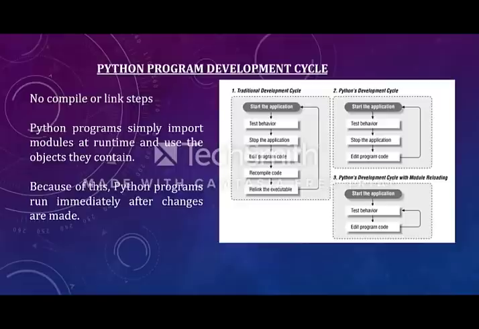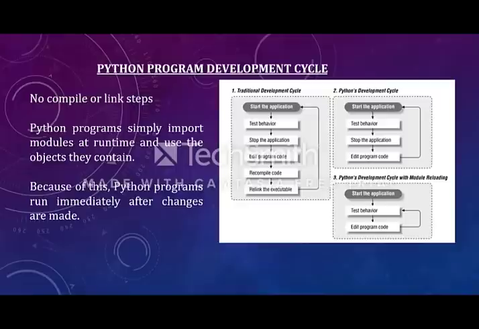The modifications will be directly reflected in the output. Python programs simply import modules at runtime and use the objects as they contain. So that's what I have said. If you want to make use of any other library files in your program, we can simply do it by writing the import statements.